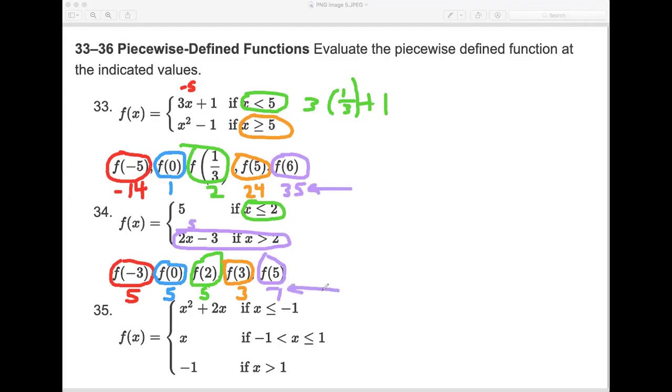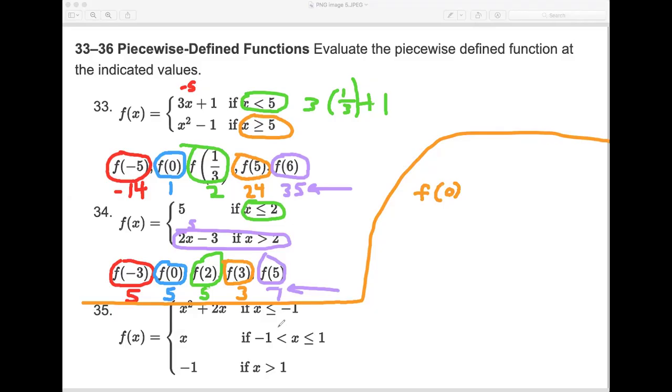Yes. At 35, I don't have any questions with that. It was cut off, but I can make up some. So let's say for 35, I want to know what f of 0 is. You would look at this as 3 parts: less than or equal to -1, in between -1 and 1, and greater than 1.